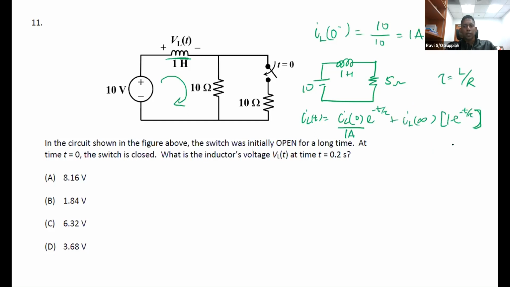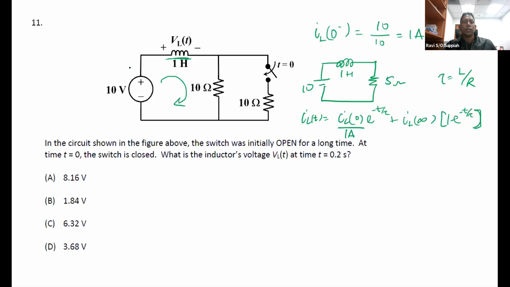Okay, what is IL infinity? IL infinity means if I let this circuit run for a long time, what will happen? That means it comes back to this inductor behaving like a short circuit, correct? And if this is a short circuit, that means this is just a normal wire.